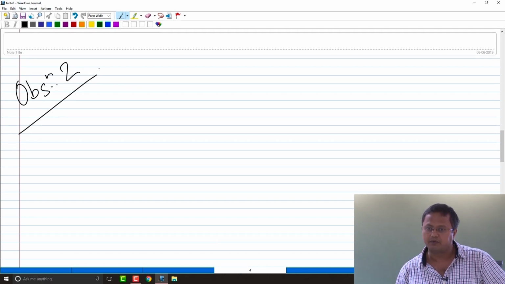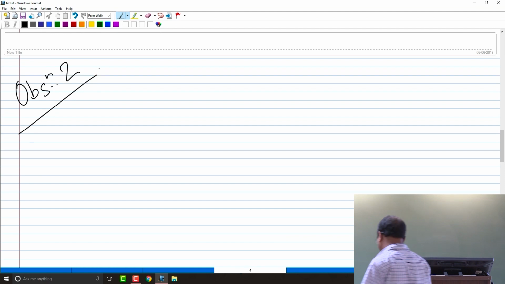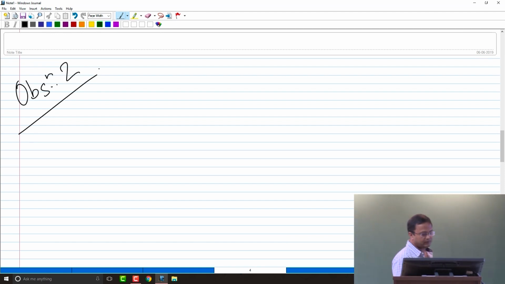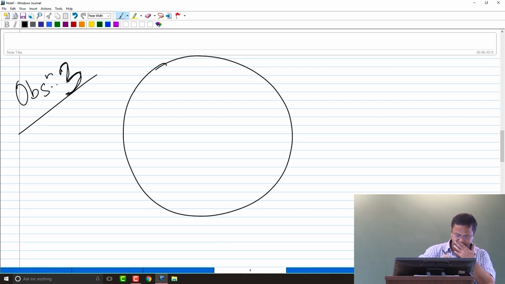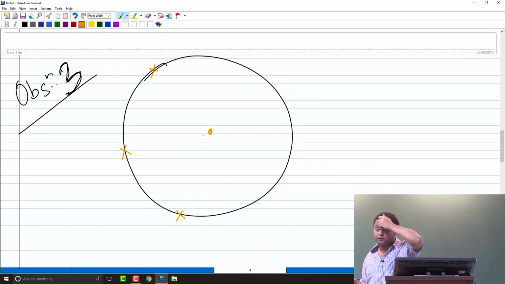Again no, because of the same reason, right. The same argument, you can do a little bit of geometry to figure this out, that this cannot be the scenario of the minimum enclosing disk. Again you can play the same game.